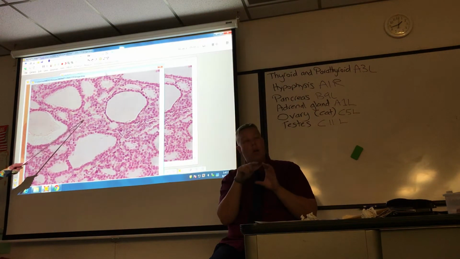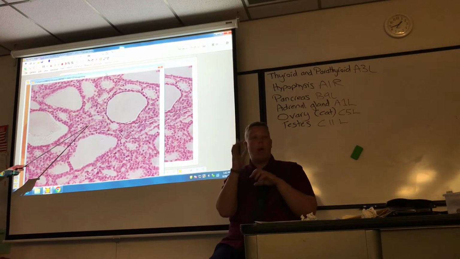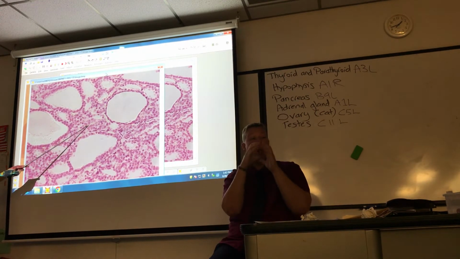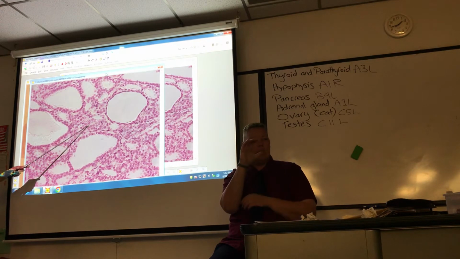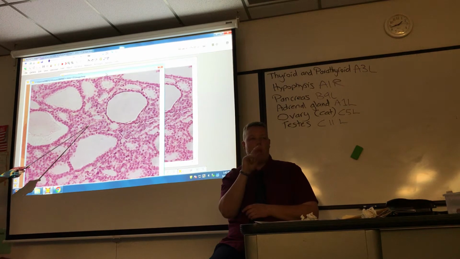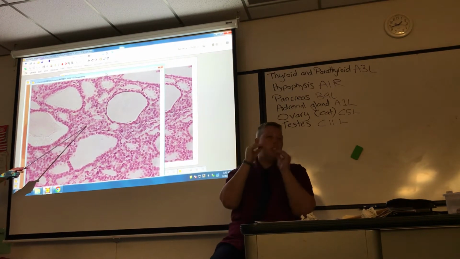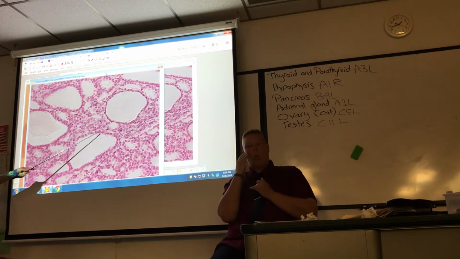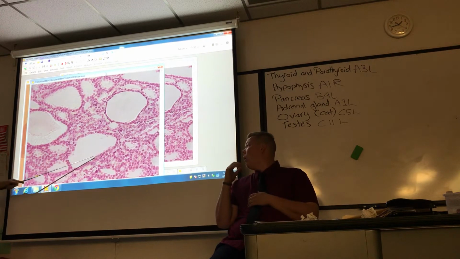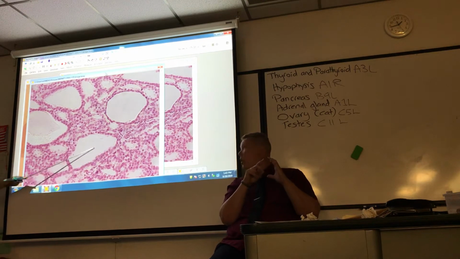If you see lighter cells outside the follicle, those are C cells, also called parafollicular cells. They secrete something else altogether. Okay, it's calcitonin. I'll teach that later. For now, just be able to identify these cells, parafollicular cells, follicle cells, colloid. This whole thing is a follicle.